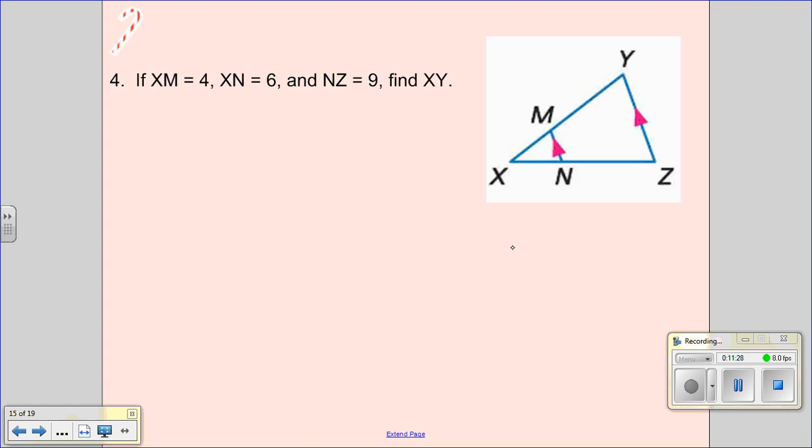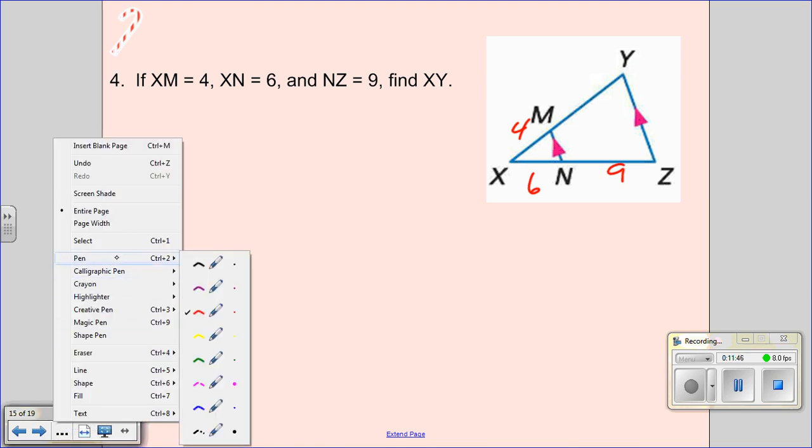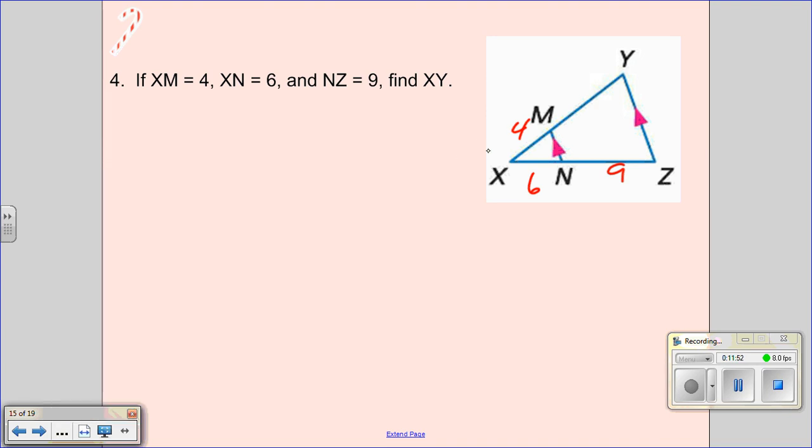All right, on number 4, it tells us that XM is 4. So let's label that. XN is 6. NZ is 9. And they want us to find XY. So you should realize that XY is this entire side up here.